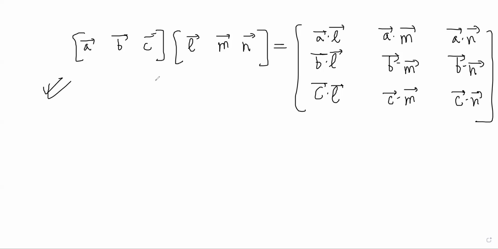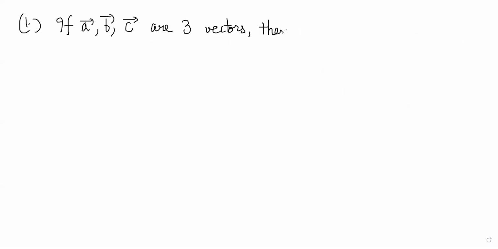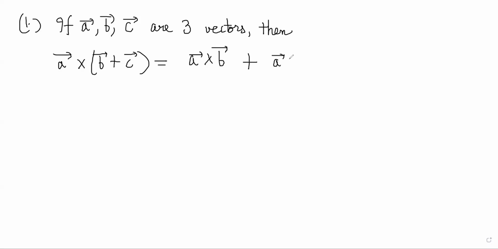Now let's move on to other types of properties. We have this result: if A, B, C are three vectors, then A cross (B plus C) is the same as A cross B plus A cross C. And okay, this is simply the distributive rule.